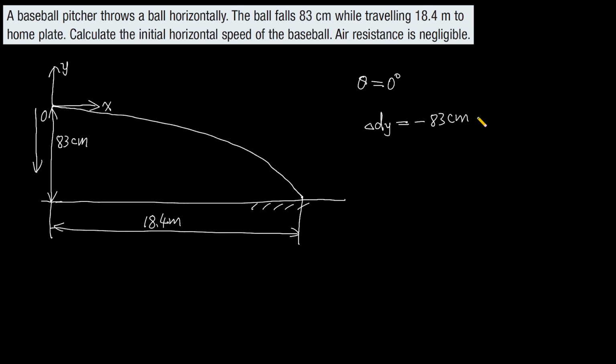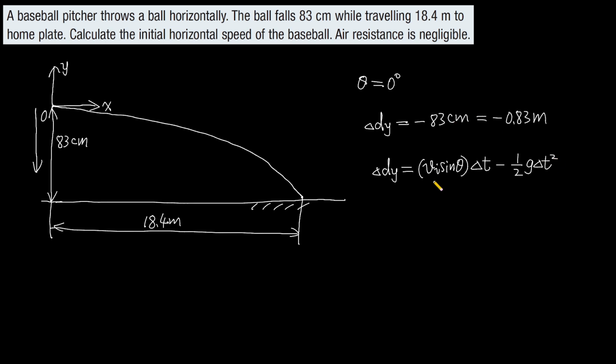Now this also equals negative 0.83 meters. And we know this formula. The vertical displacement equals the initial velocity multiply sine theta multiply time interval delta t minus 1 over 2 multiply acceleration g multiply delta t squared.